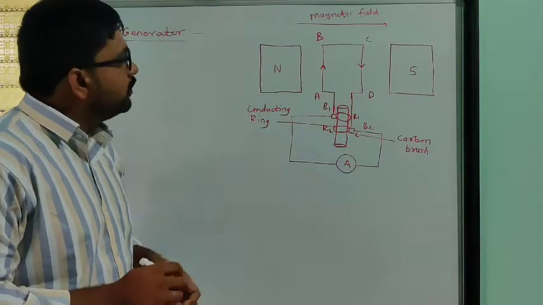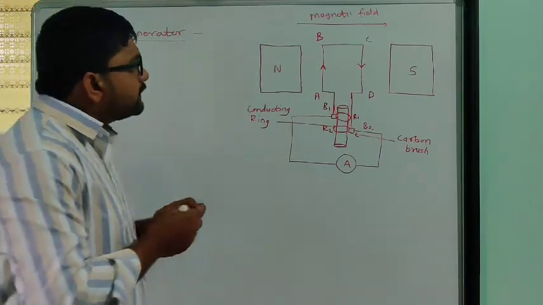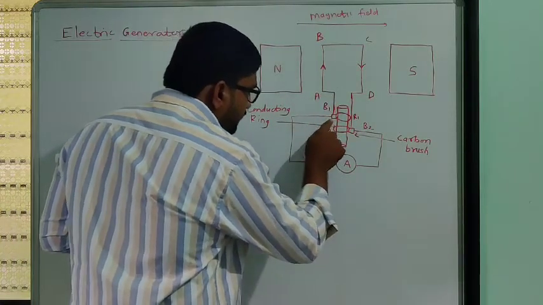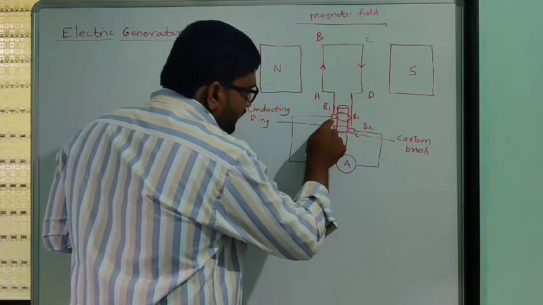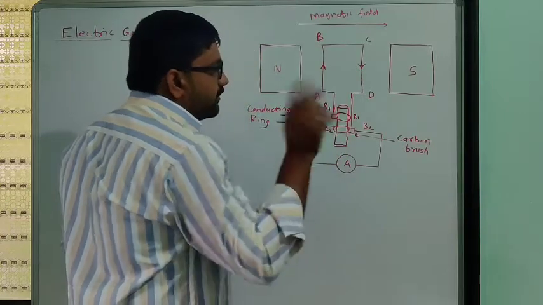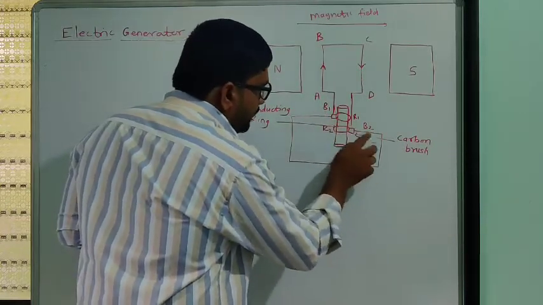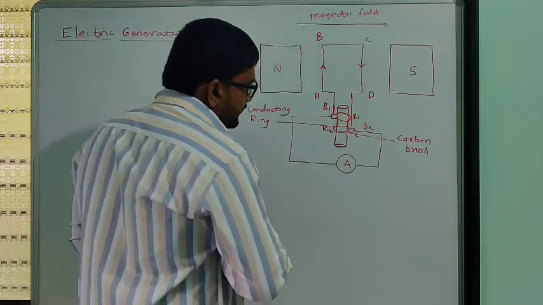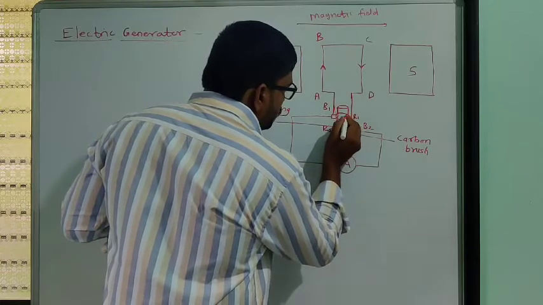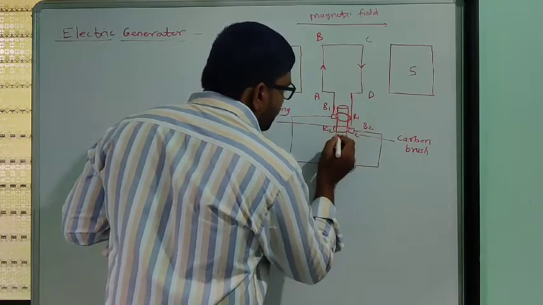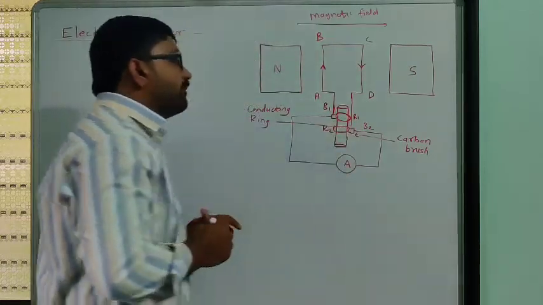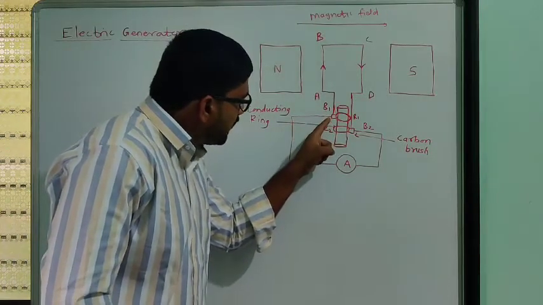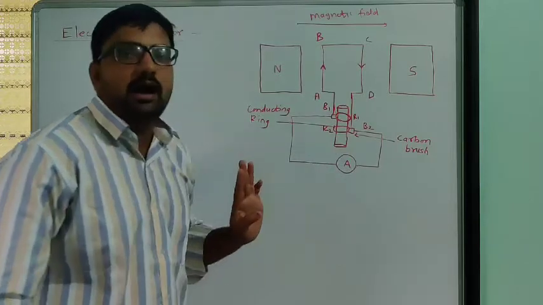The AB side of the coil is connected to a structure called a carbon brush. B1 and B2 are the carbon brushes, and these carbon brushes are attached to two rings, R1 and R2. B1 is in touch with R1 and B2 with R2.